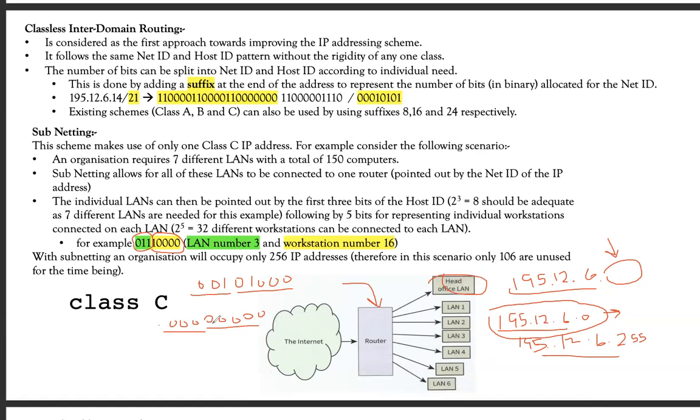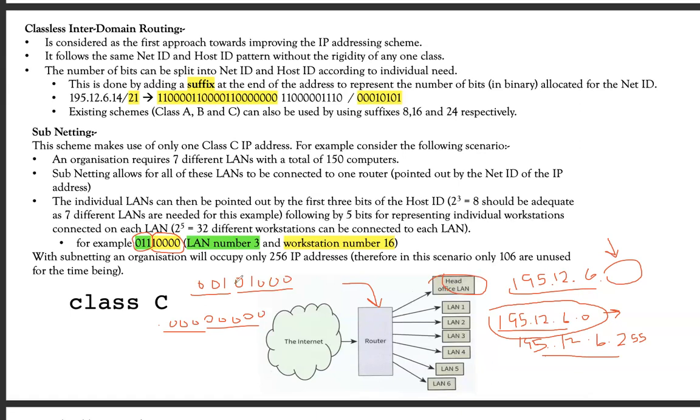This second device will look at the remaining 5 bits and identify which computer to forward the packet to. So the router identifies the network based on the first 3 bits and forwards the data packet to that network. The switch or central device over here looks at the remaining 5 bits, identifies the boss's computer and forwards the data there. So this is how subnetting works.